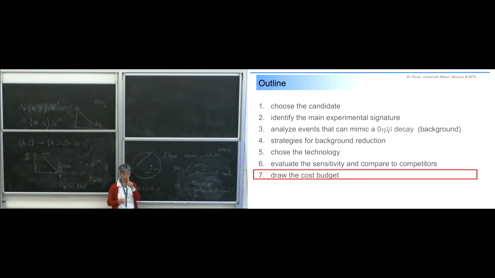There is one point I did not discuss, that is the detection efficiency. So the probability that if a double beta decay takes place, I record an event. Since in detection, data acquisition, and so on, I have the possibility of losing events for a number of reasons, the efficiency is important.